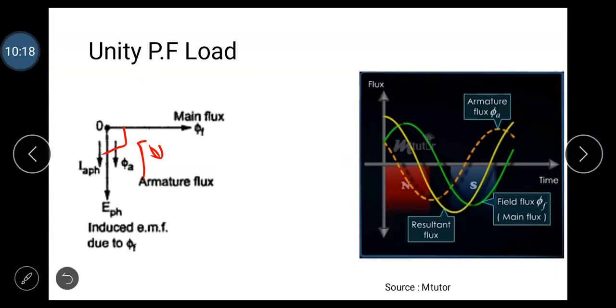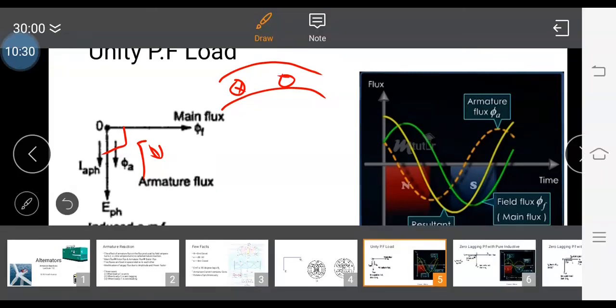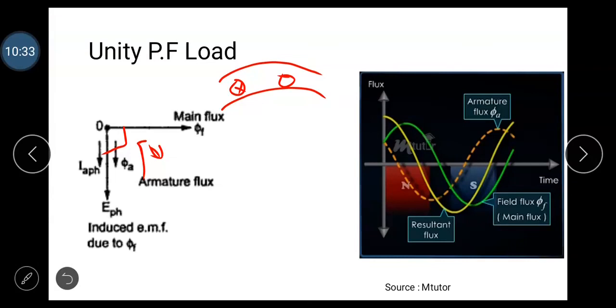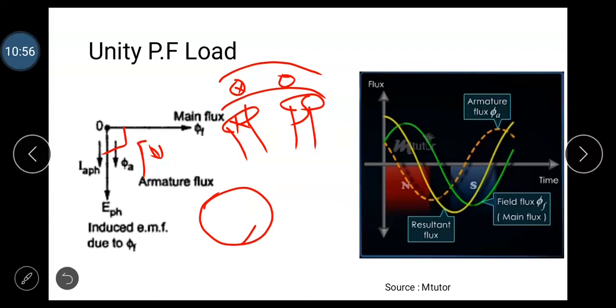Now consider here, this is the conductor. I am considering only two conductors here, one is cross, another one is dot. Consider two poles, one is north, another one is south. If you notice here, the direction of flux around the cross conductor will be clockwise.